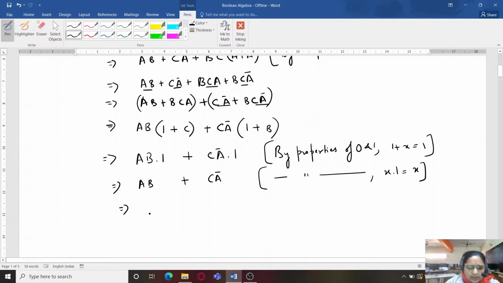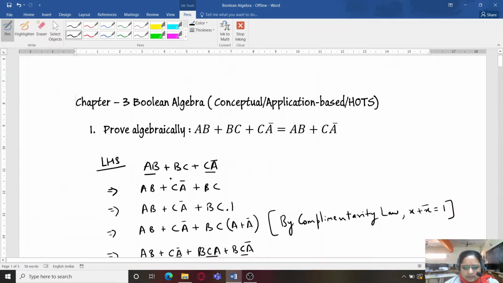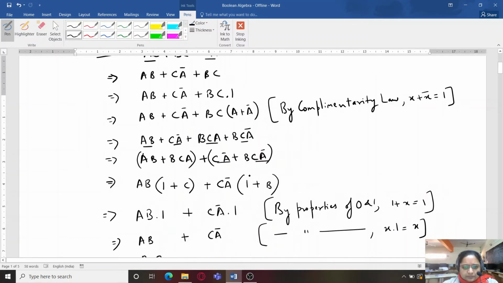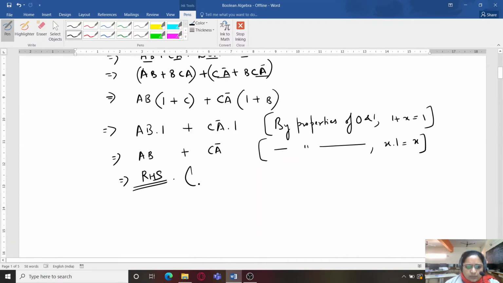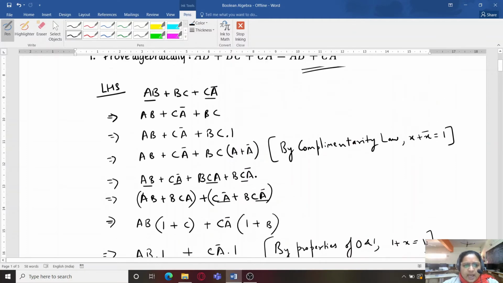And hence you can see over here we got the right hand side, that is AB + CA', this term over here. Hence proved.